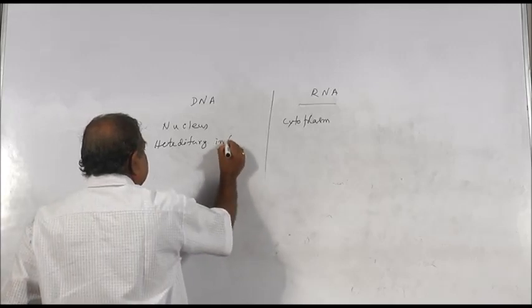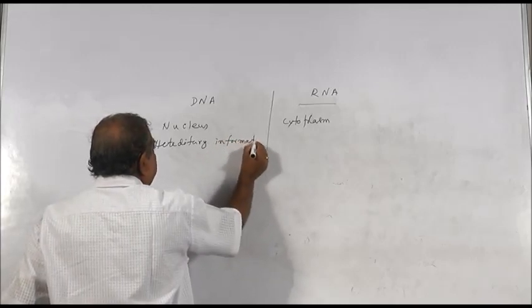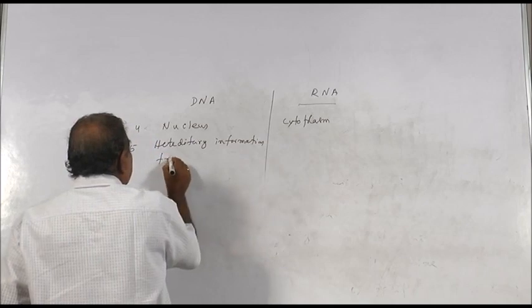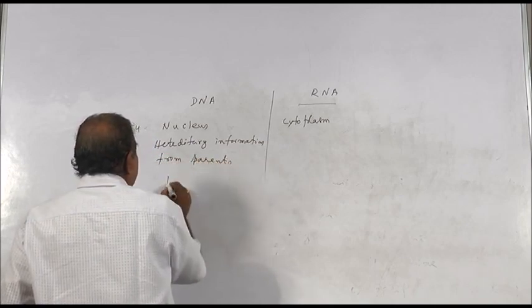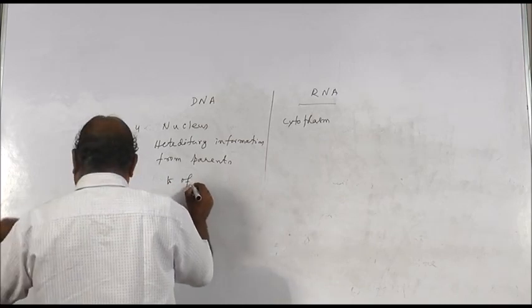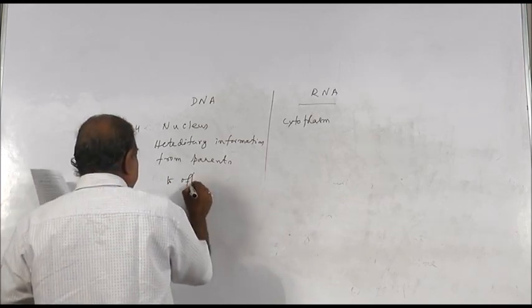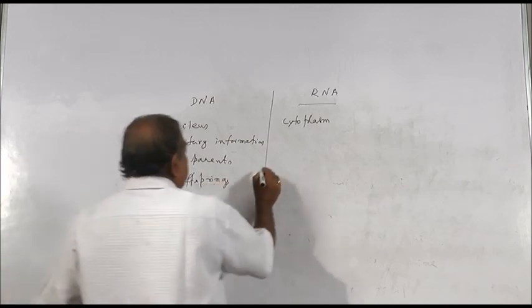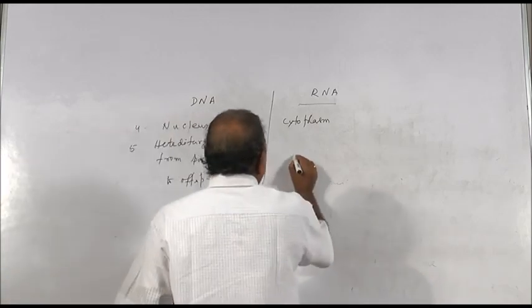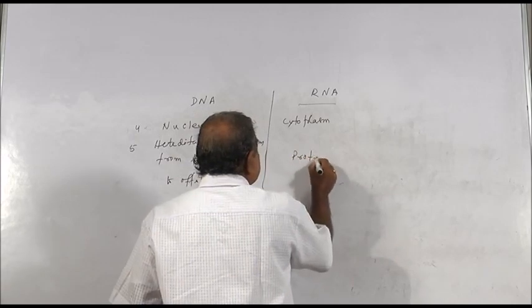hereditary information from parents to offspring, and RNA is responsible for protein synthesis.